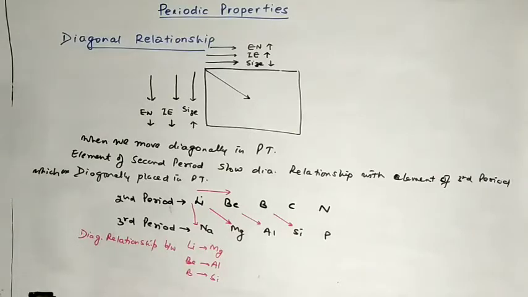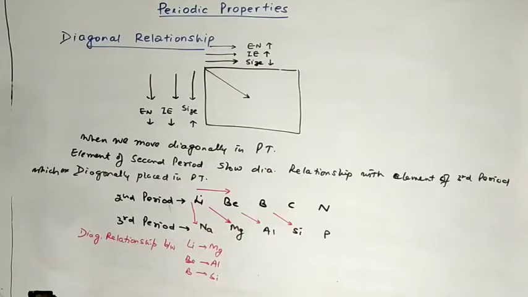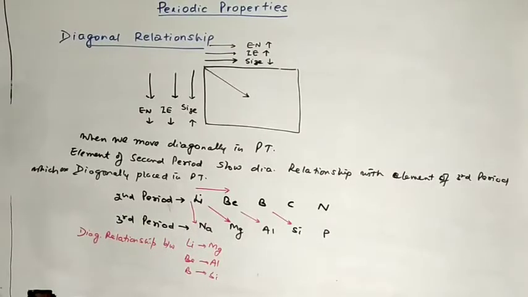Lithium and magnesium are diagonally related to each other. They have almost the same size. If they have the same size, then they have the same properties. Most of the properties of lithium and magnesium are the same. That you can read from the book, there is one list, you just simply read it. Don't need to cram.